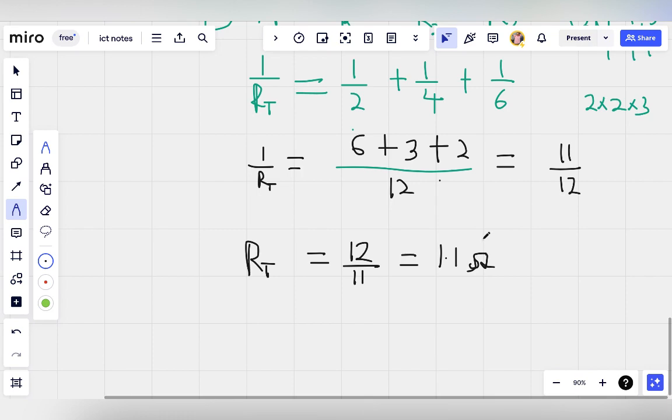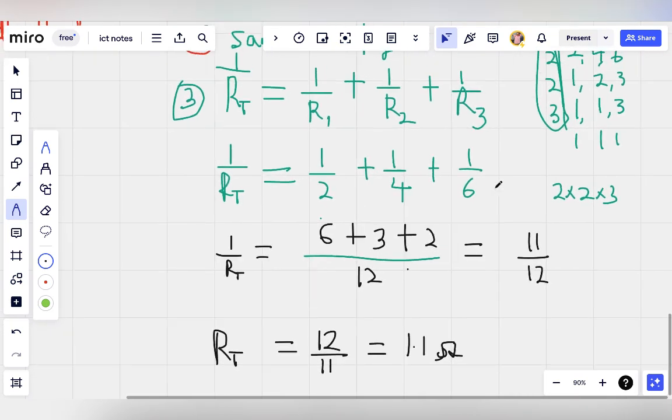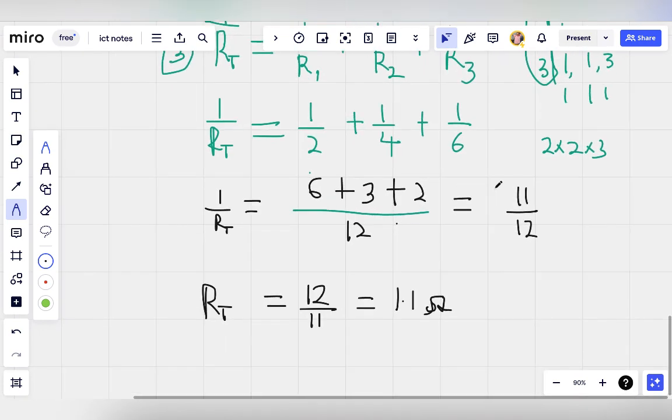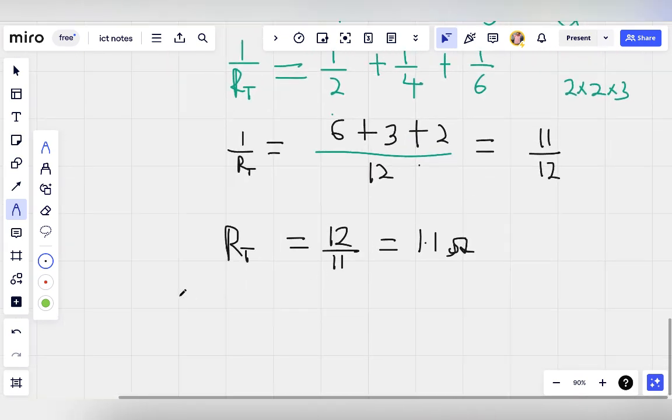Okay, so can someone press? Now while we're waiting for that, the next question is to find the total resistance, overall total resistance. 12 divided by 11 is actually approximately 1.1. So I was right. Approximately 1.1, it is 1.09, which is 1.1.